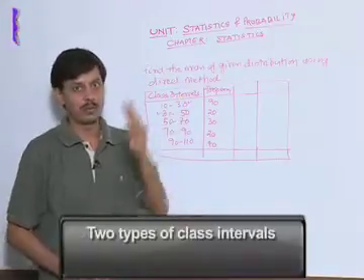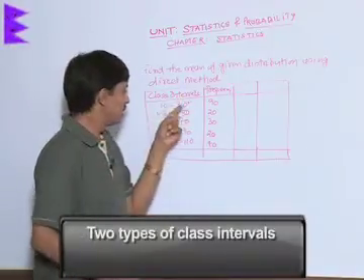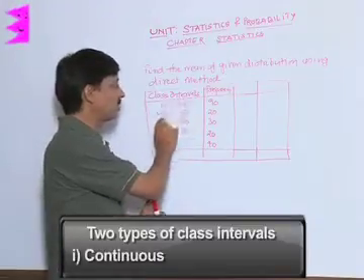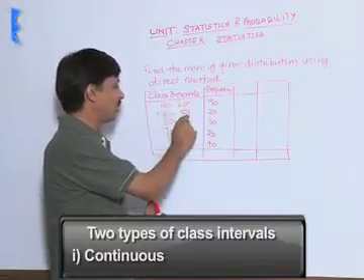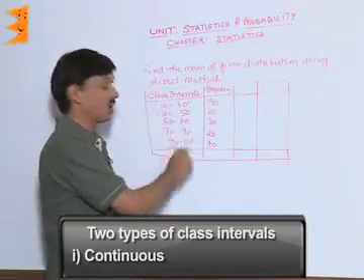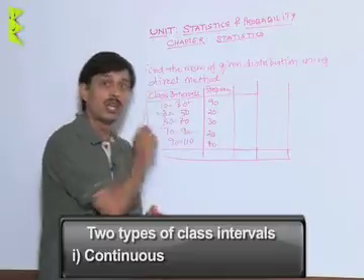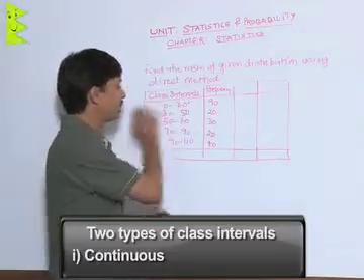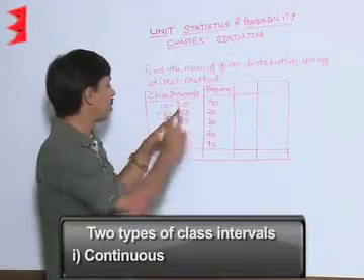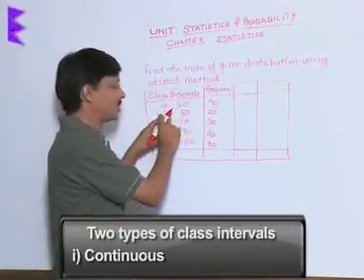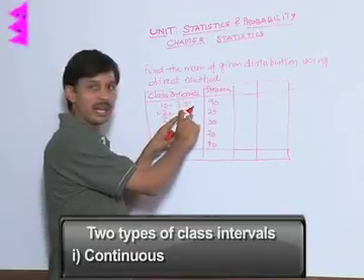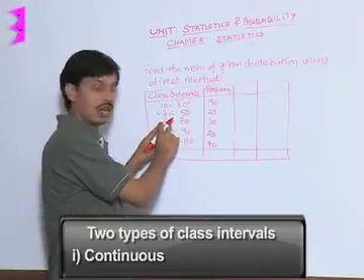Class intervals are of two types. One is this kind of question I am discussing. This is the continuous type, where there is no break between the upper and lower limits, and you can check any interval. Another name for continuous data is exclusive, because the observation 30 is not a part of the first interval, it is of the second. Here 50 is not involved in the second, it is involved in the last.